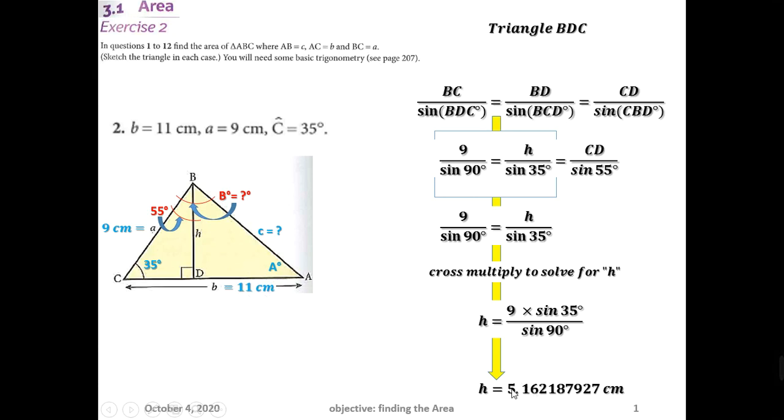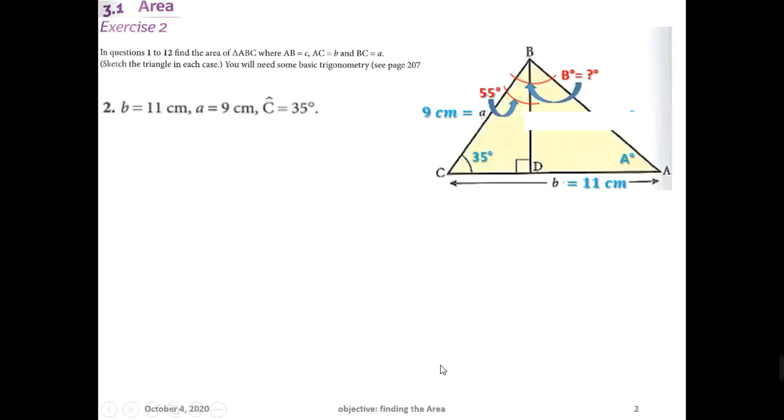So 5 is the first figure, 1 is the second, 6 is the third. So you stop at 6 and you look at the right. 2 is not going to bring my 6 up, so the answer is going to stay as 5.16 centimeter, correct to three significant figures.